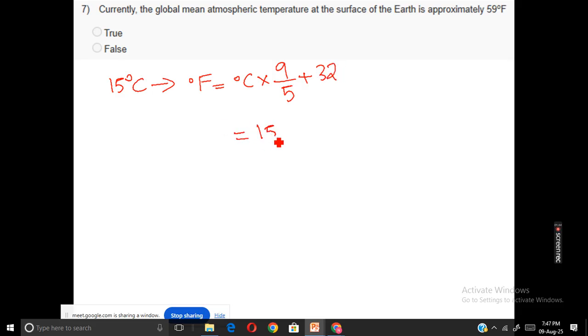So it will be 15 into 9 by 5 plus 32. How much will it be? Yes, 59 degrees Fahrenheit. Correct.